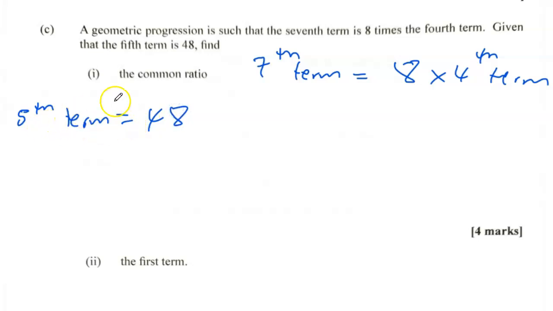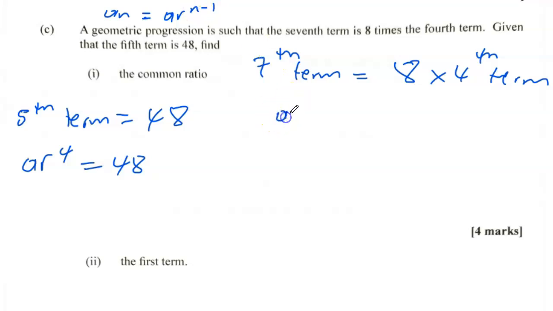Now what's the fifth term for a GP? Remember for GP, the formula a_n is equal to ar to the n minus 1. So if we're talking about the fifth term, we replace n with 5. So the fifth term is given as ar to the power of 4. So ar to the power of 4 is 48. And the seventh term would be, you replace n with 7.